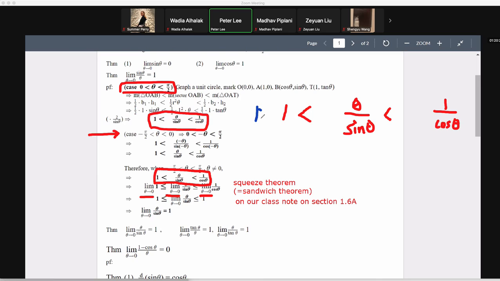We now put the limit as theta approaches 0 here, here, and here. So theta approaching 0. Why could we not attach this limit?